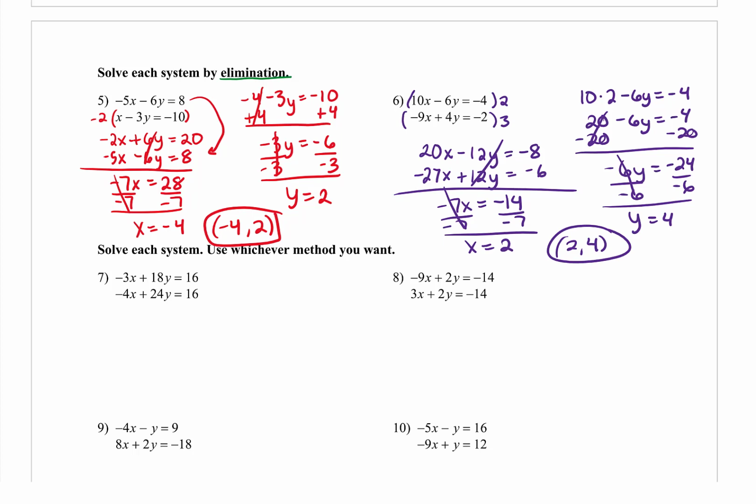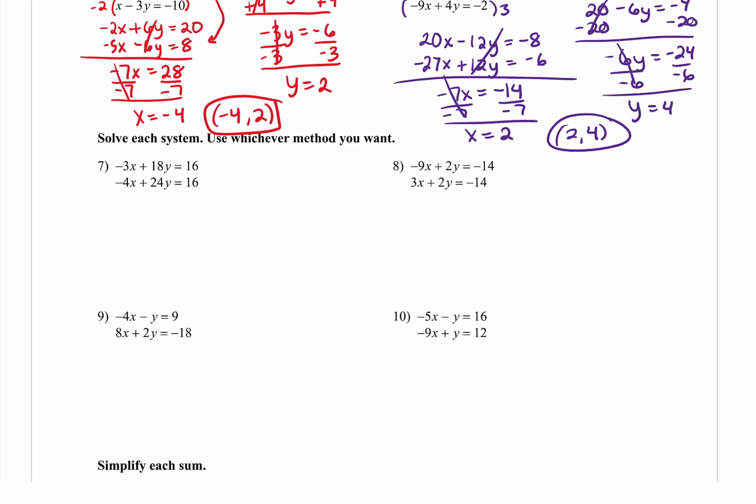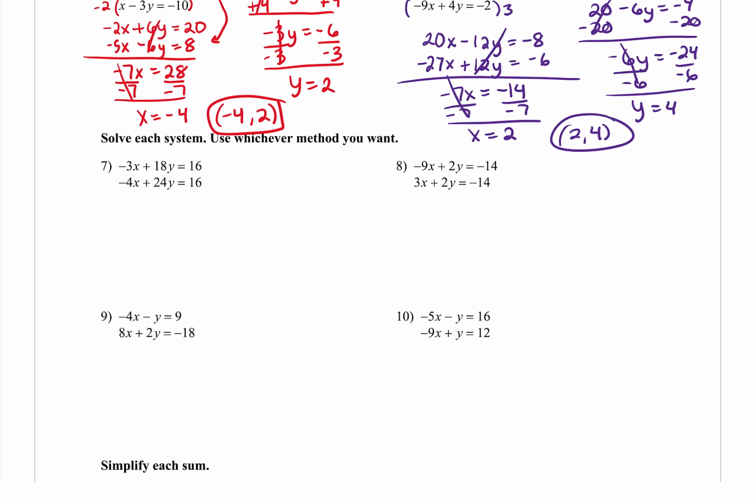Now this next section says solve each system, use whichever method you want. And I meant to put on the instructions here, you could get special cases in this section because that's where that's going to happen. So I used elimination, I think, on all 4 of these because elimination is my favorite. And so I looked at 7 and I was like, well, I don't really like any of these methods because 18 and 24 are big numbers.